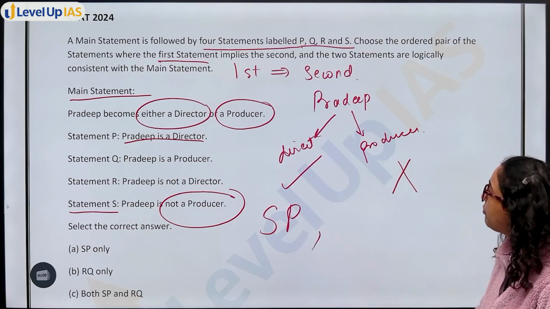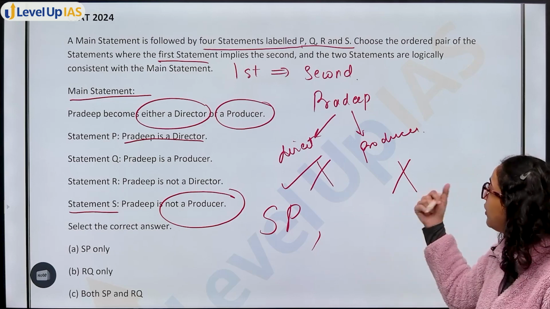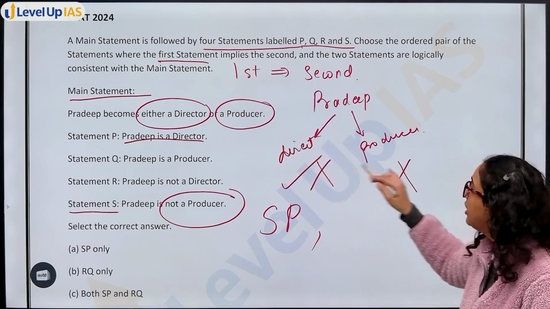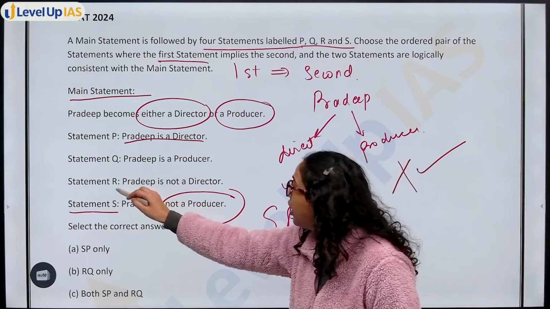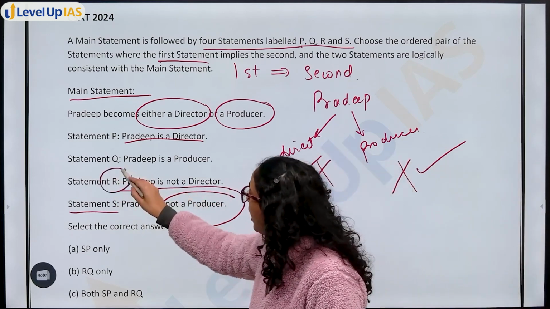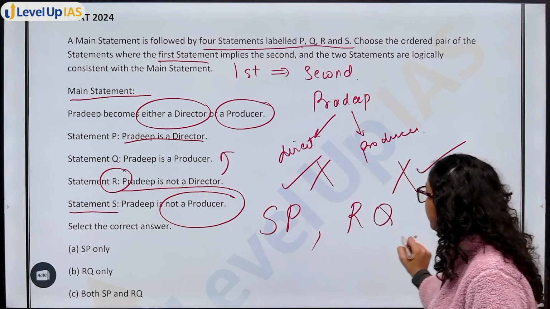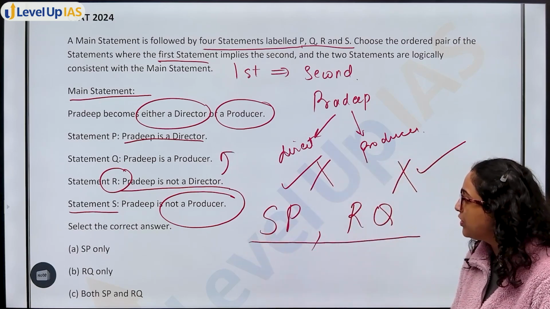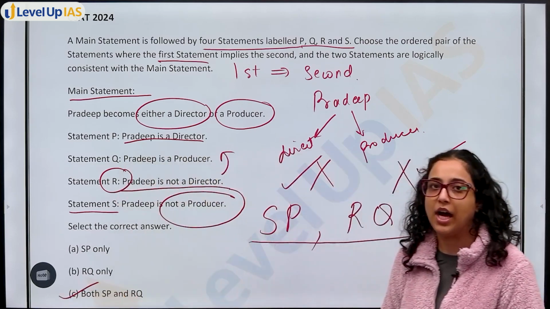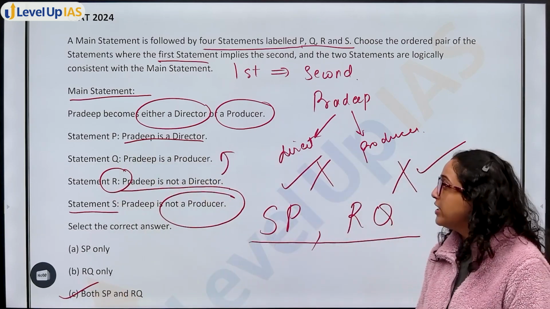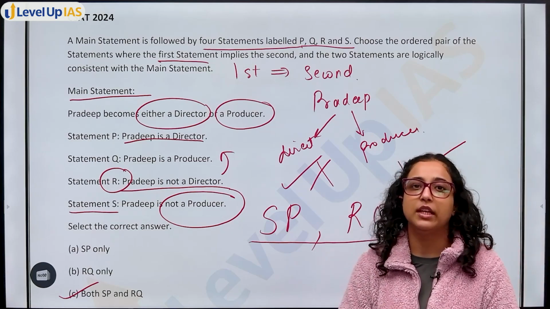Similarly, now if I say Pradeep is not a director, put a cross here, then you will say okay, if he is not the director, he is the producer. Which means what? If Pradeep is not a director, R is followed by Q. RQ. These are the 2 conclusions which you can draw, and option C, both SP and RQ, will be your answer. Okay?